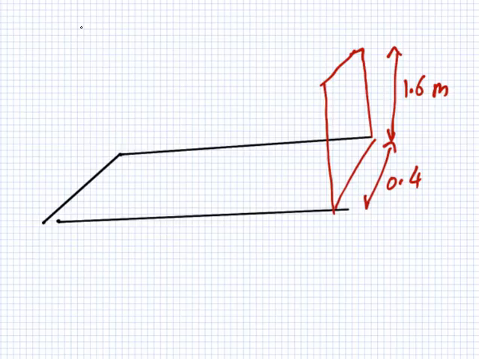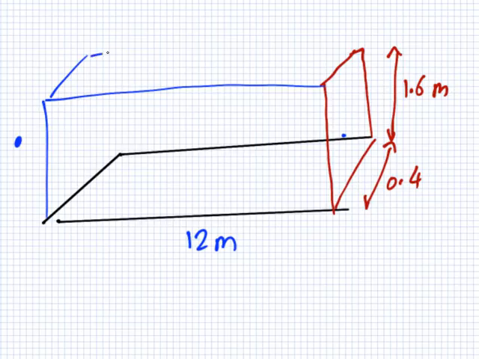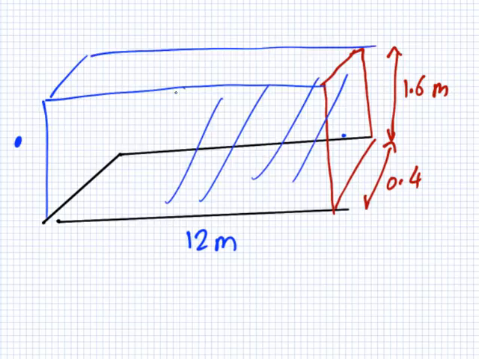And how fast is the wind blowing? 12 meters per second. So you only need to look at the wind that's 12 meters in front of the student, because anything further away will not get to the student in 1 second. This is what's going to hit him in 1 second.